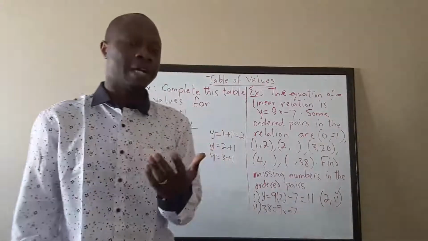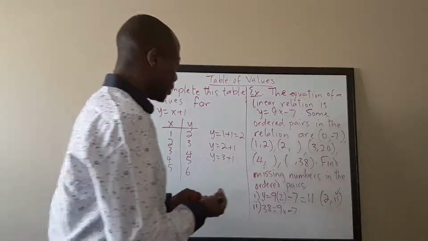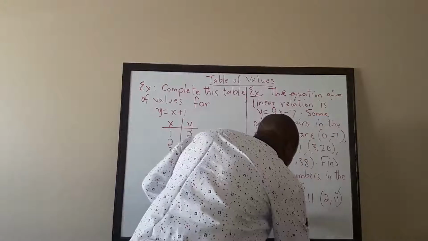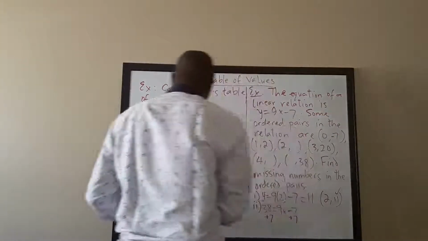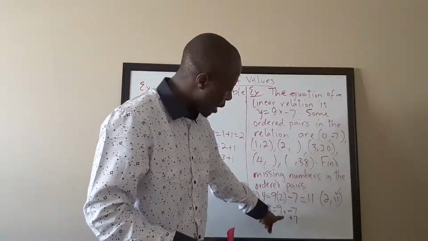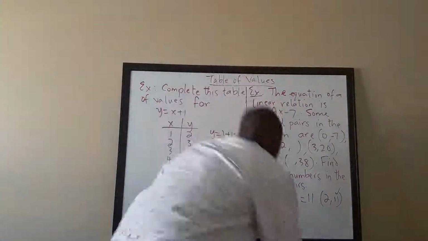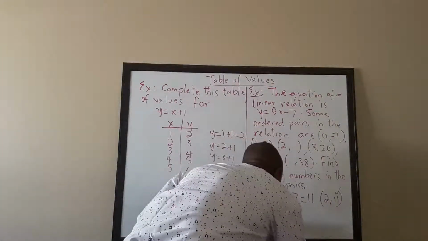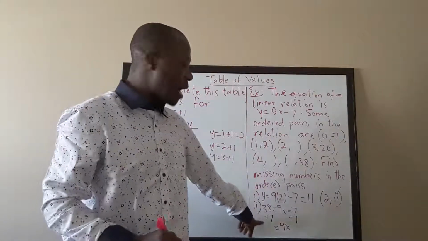So I'm going to try that first, and it's going to work for sure here. So I'm going to plus 7 on each side. So this is gone. I have just 9x left here. On the right side, I have 45.